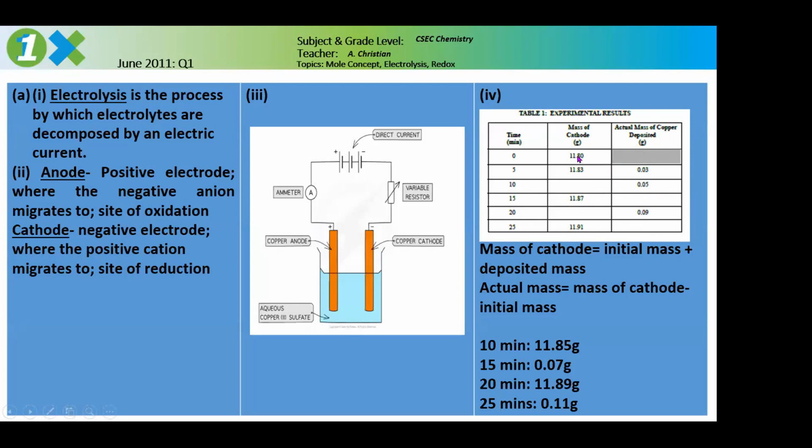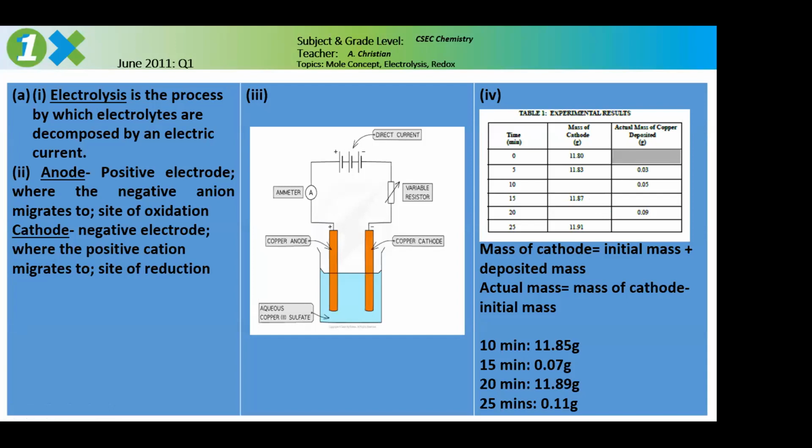Then we move to the mass of the cathode, starting at 11.80, moving to 11.83, which corresponds to the 0.03 change. Then it is blank, then 11.83, and that is blank. So what trend are we recognizing here?